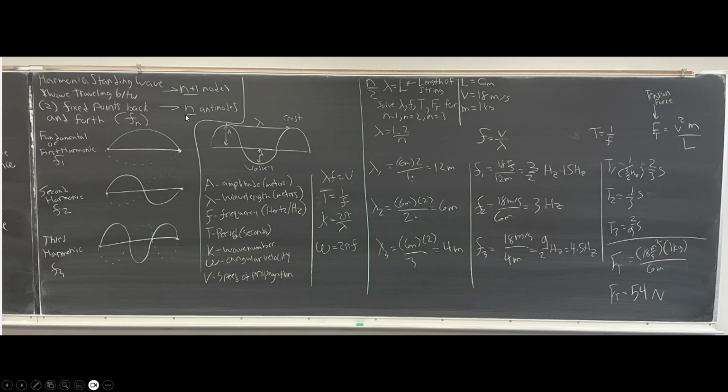And we have 2, the harmonic number, 2 number of antinodes, where the material here is moving up and down with a maximum change in amplitude, and also moving here down and up with a maximum change in amplitude.